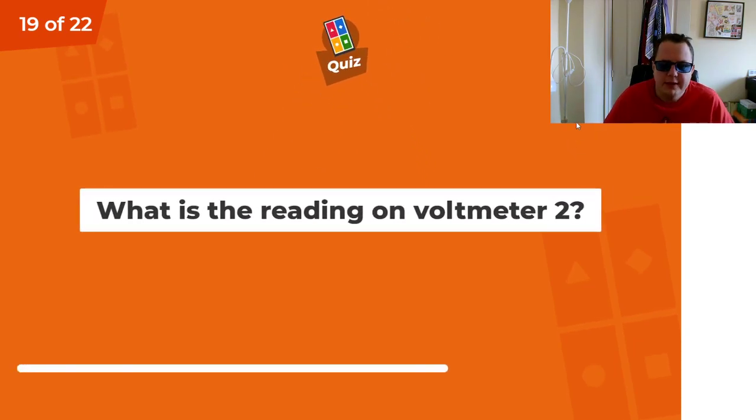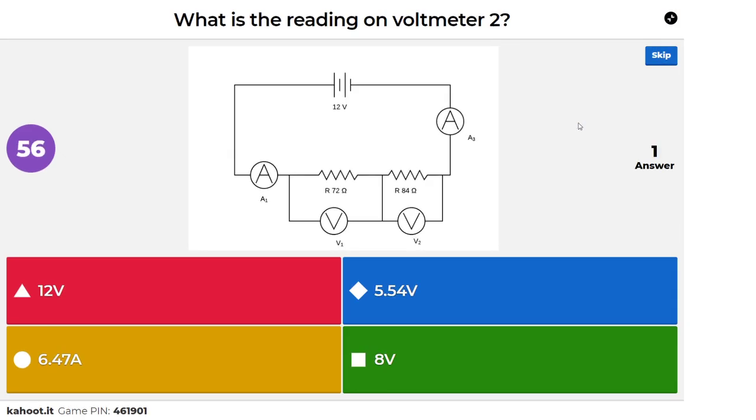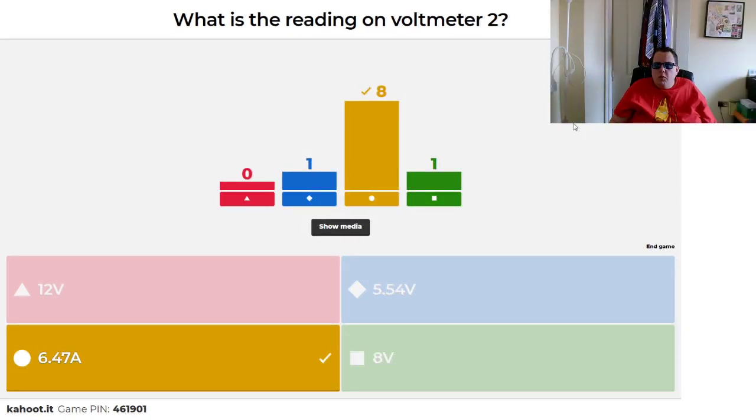Okay, what is the reading on voltmeter 2? Well done guys, 8 people got it right, and I just do 12 minus the answer from the previous question, and that's the one it's closest to, so 12 minus that gets you pretty close to that one.